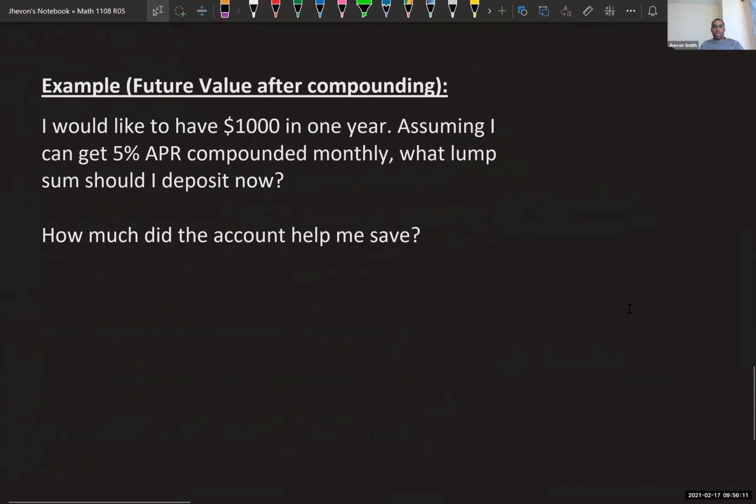So this is the example we're going to do, okay? And again, it's not very realistic, and we're not actually going to save that much money. I'm going to ask you guys how much we're going to save, but there's the example. So I'll give you guys a couple seconds, maybe take a screenshot or write it down very quickly.